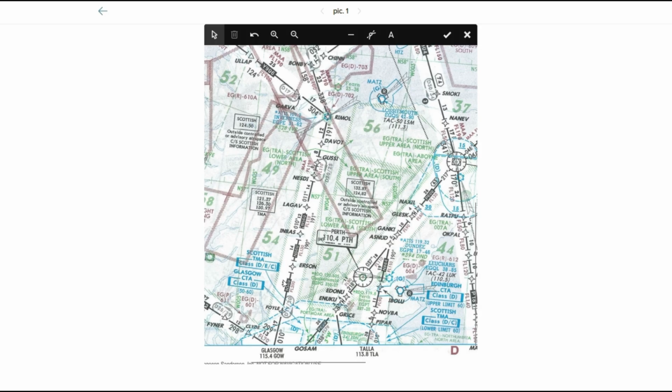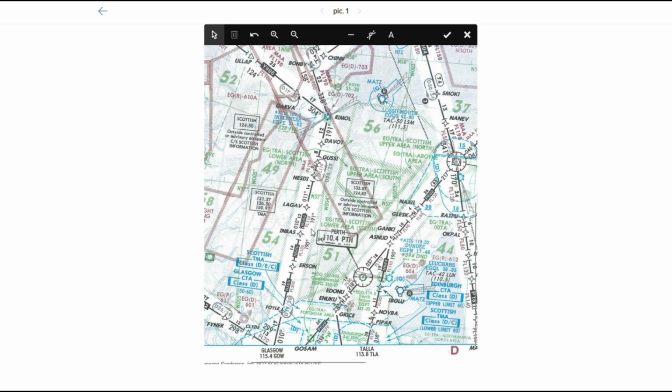The tricky part is that we need to remember that radials are defined at the VOR, so our initial track doesn't matter. What matters is that we are going to approach Glasgow VOR with a magnetic track of 190. Now, since we are flying inbound to the Glasgow VOR, it means that our track is the reciprocal of the radial we are on.